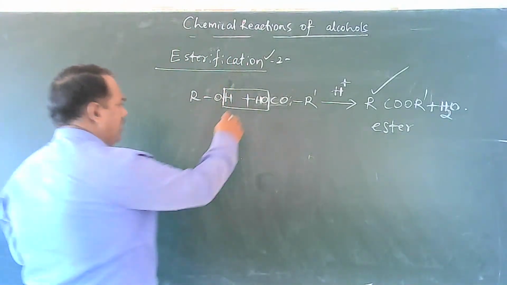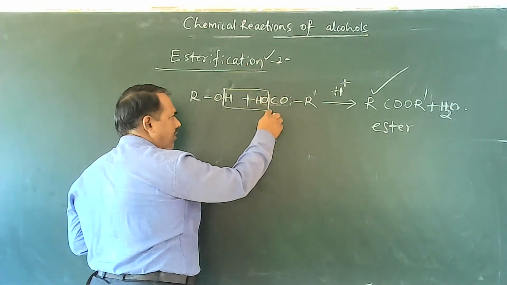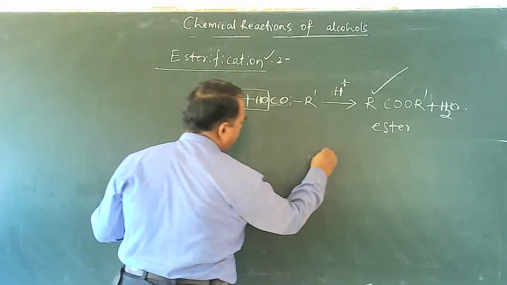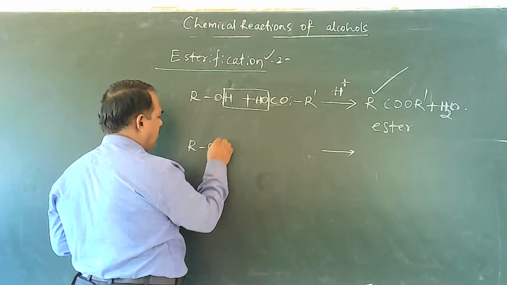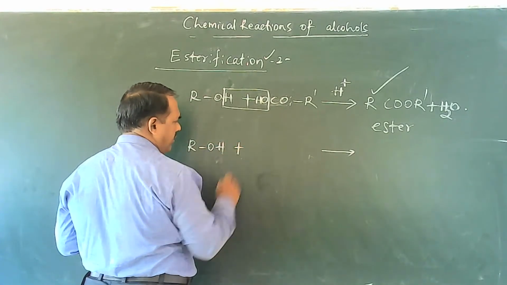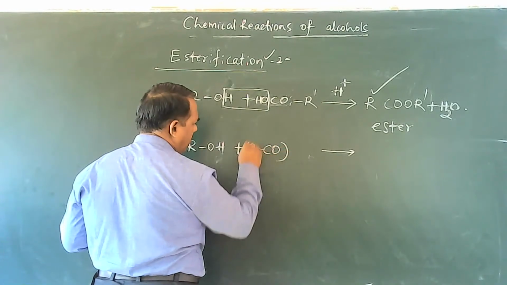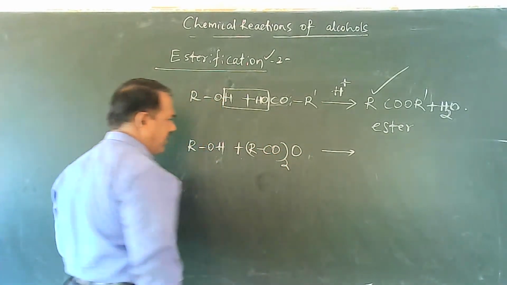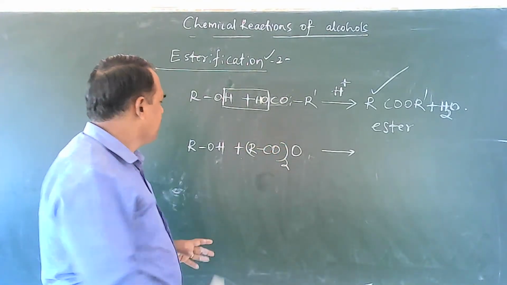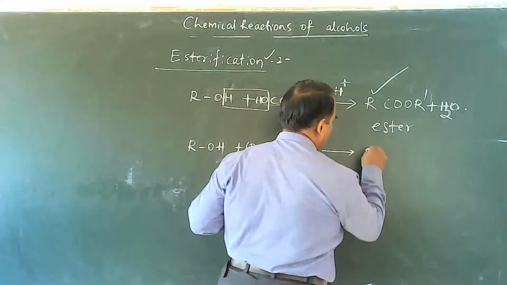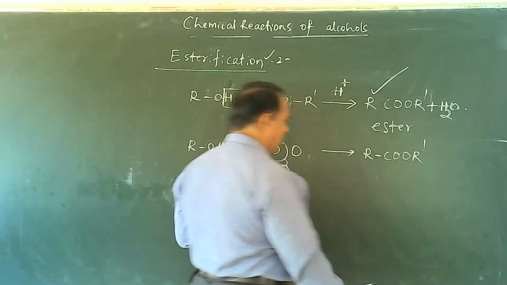Okay. Then see, instead of carboxylic acid, we can also use an acid anhydride, (RCO)2O. When alcohol is treated with acid anhydride, again the same we will get, RCOOR'.